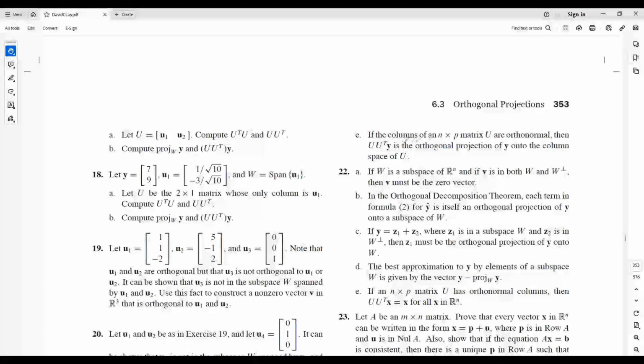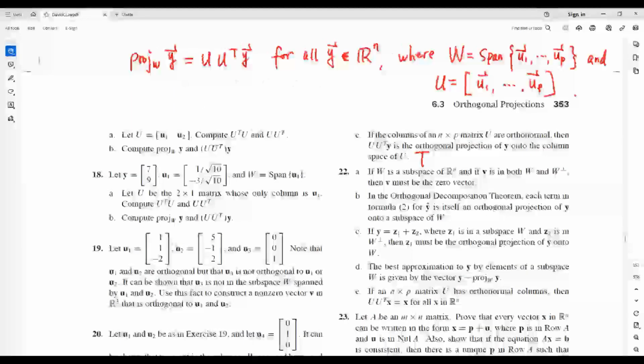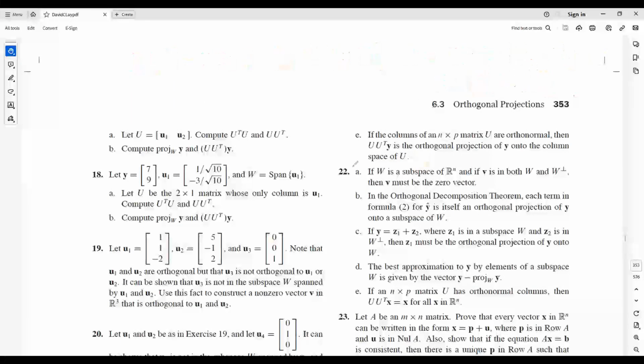E. If the columns of an n times p matrix U are orthonormal, then UU^T y is the orthogonal projection of y onto the column space of U. True. Thus we have this one. Problem 22.